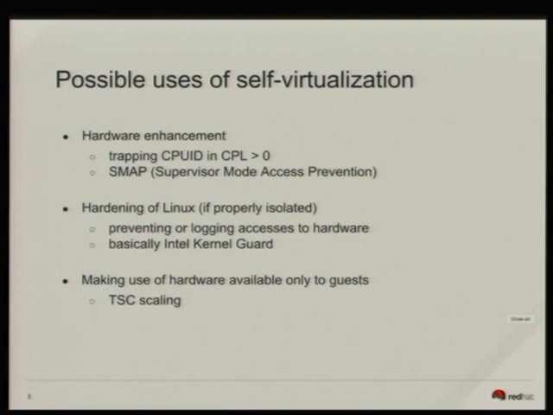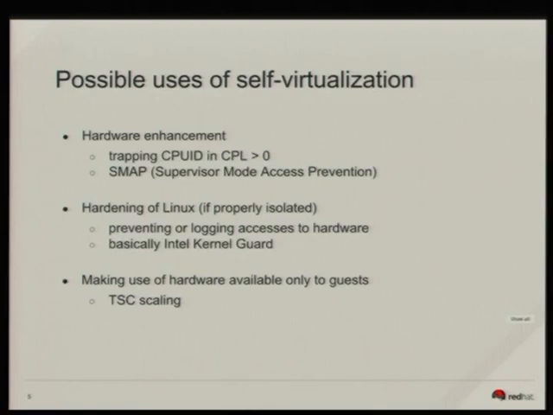Another option is if you implement proper isolation of our host and guest layers, you basically have Intel Kernel Guard Technology, which can prevent or lock any access to hardware. And the third one, which maybe is most interesting, is that guests have some features that are not available for the host, which, for example, is TSC scaling.